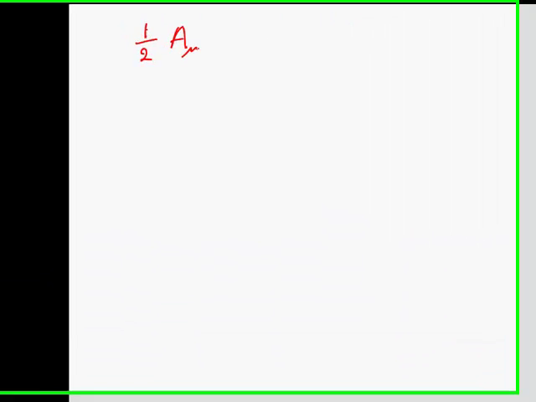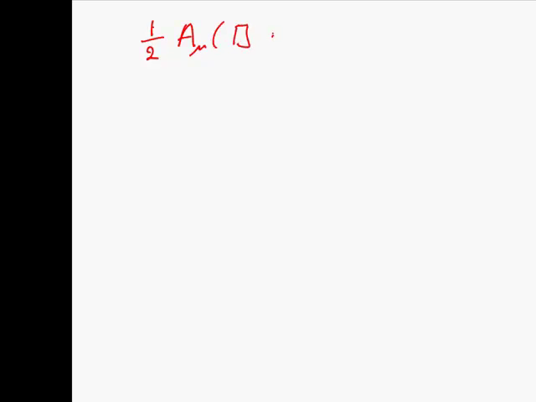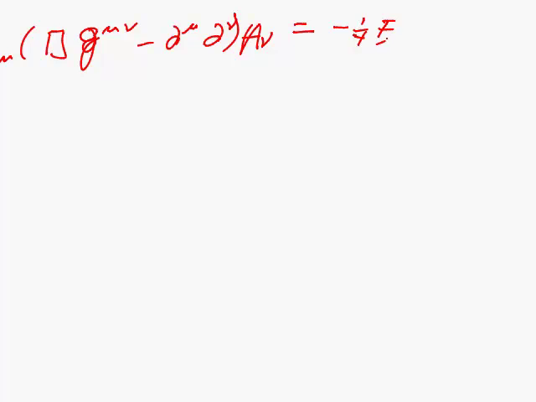To proceed, we're going to make note of the fact that if you have one half A_mu (box g^{mu nu} minus d^mu d^nu) A_nu, that's something that we showed a while ago. It was equivalent, after integration by parts, to minus a quarter F_{mu nu} squared.